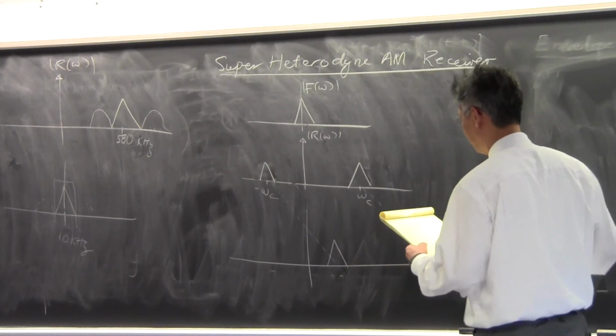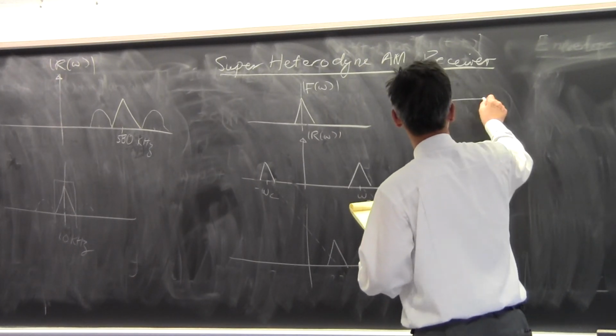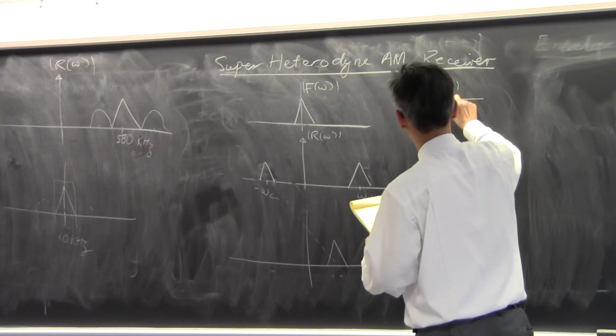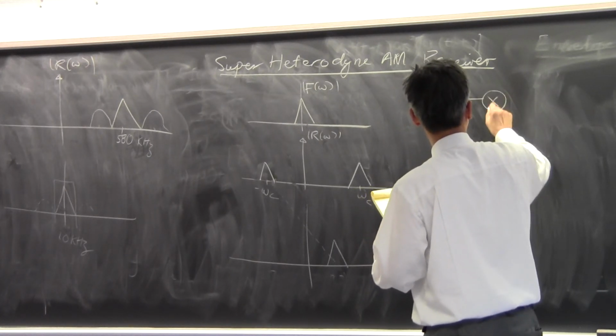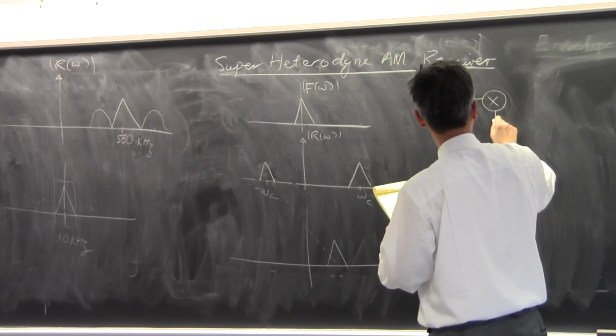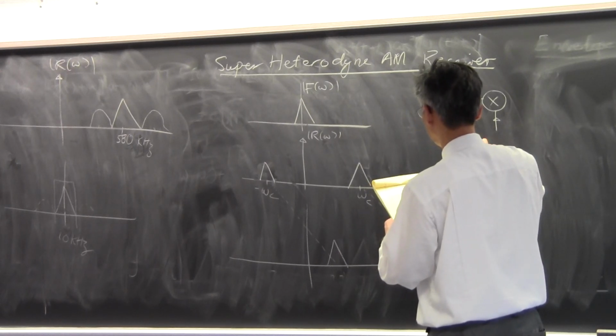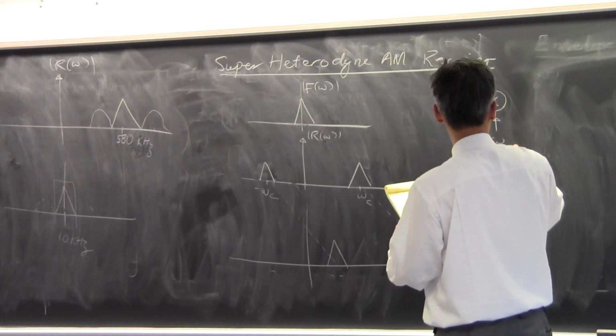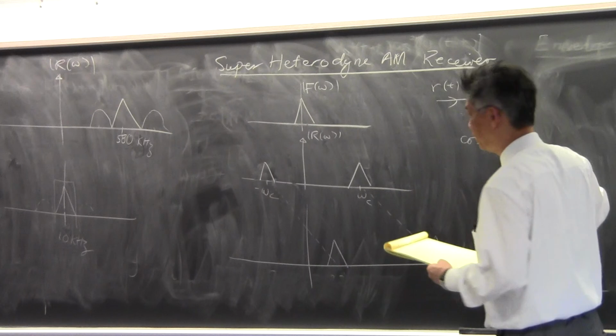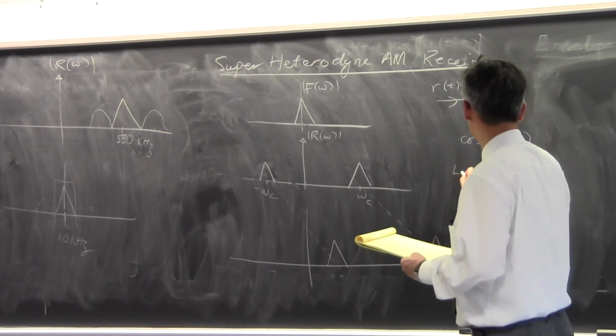And then when you push this thing by multiplying by the carrier frequency, you push it. Let me draw the diagram for you, maybe it becomes clearer. So you have this received signal coming in, and then you demodulate it with cosine of omega LO t. LO stands for local oscillator.